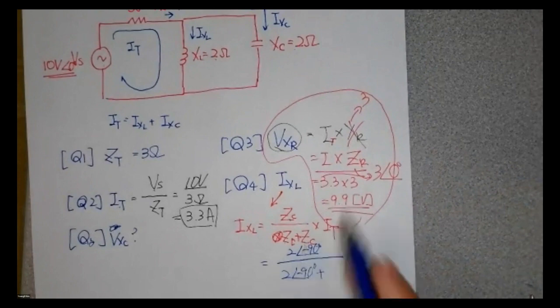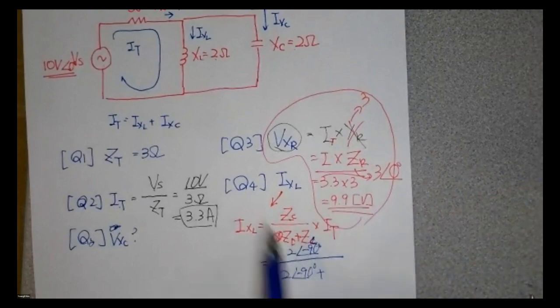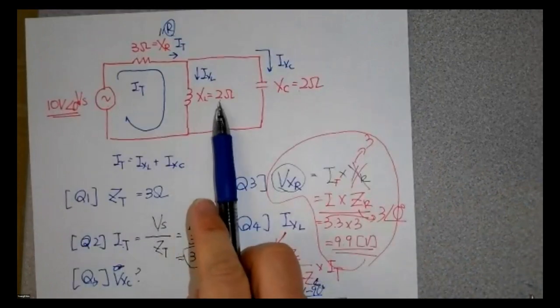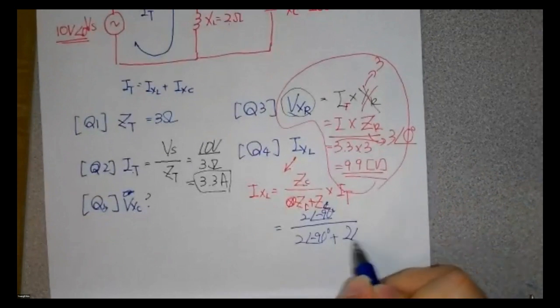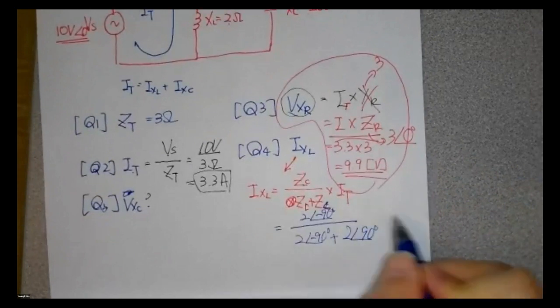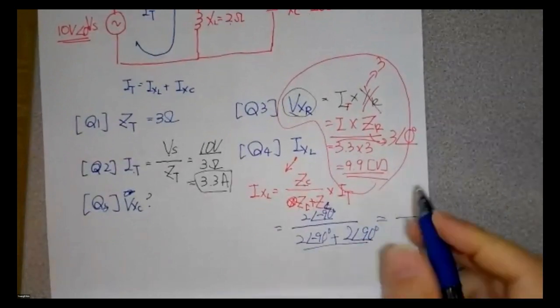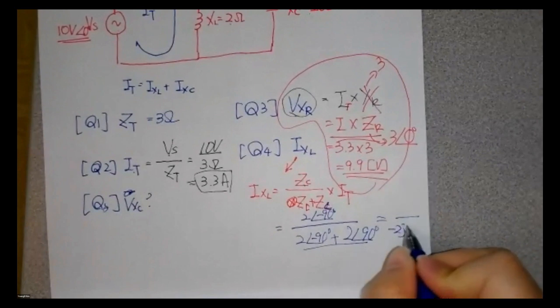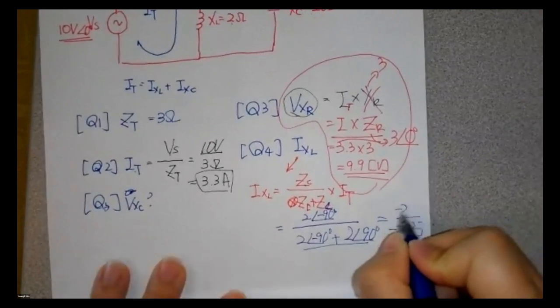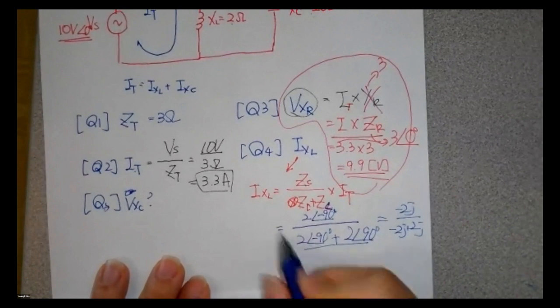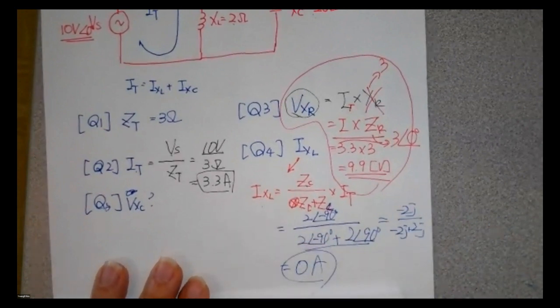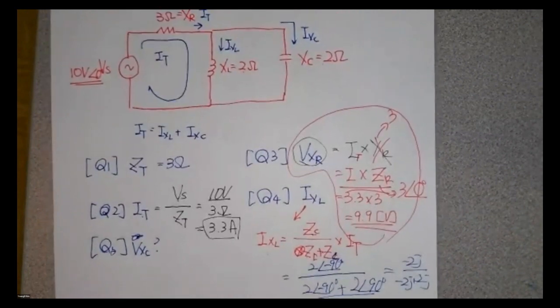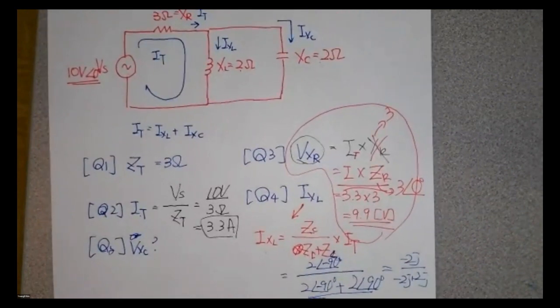And Z sub L, I'm sorry, Z sub L here, 2, 90. So that is the 0. Why? Because minus 2j plus the 2j minus the 2j. So maybe I sub X sub L, 0. 0. Okay. There's the open circuit.